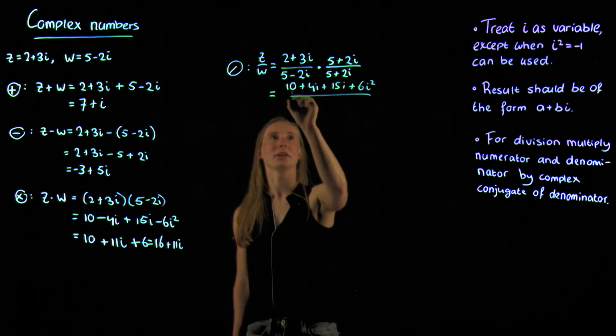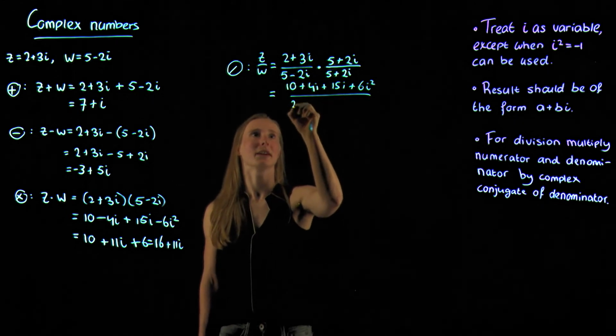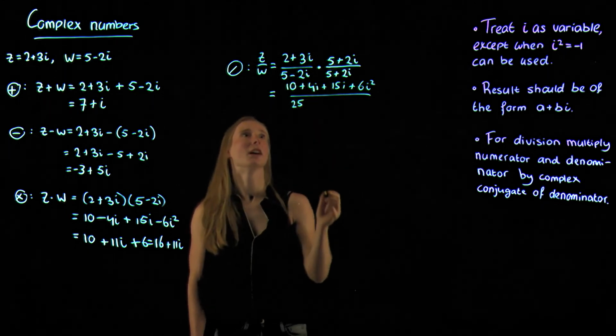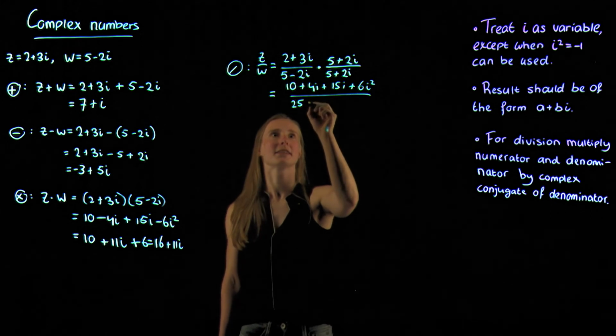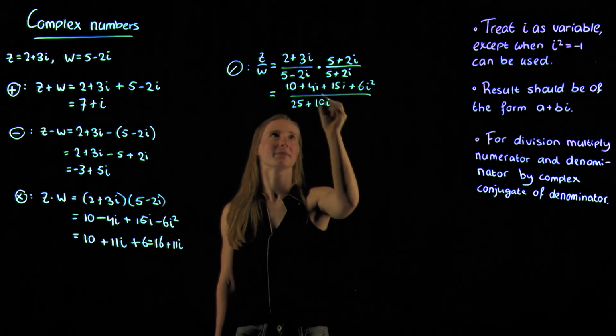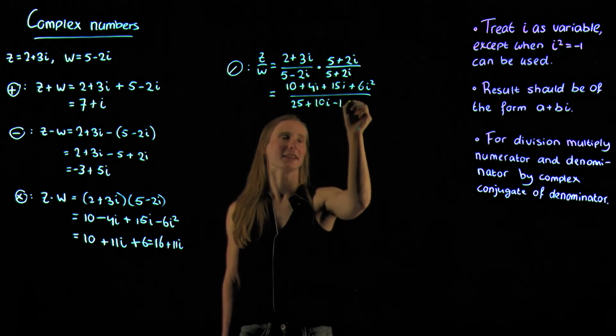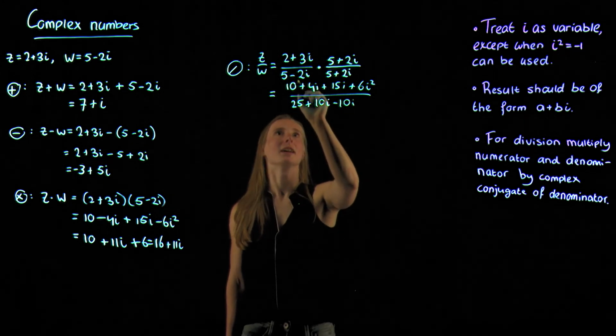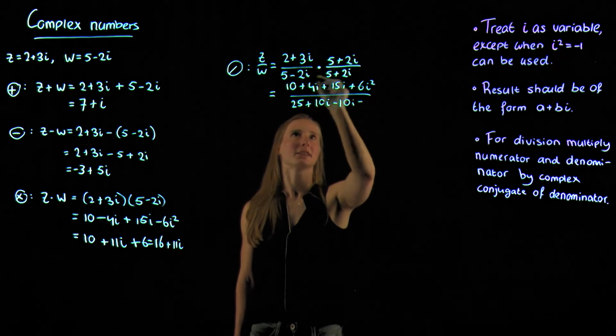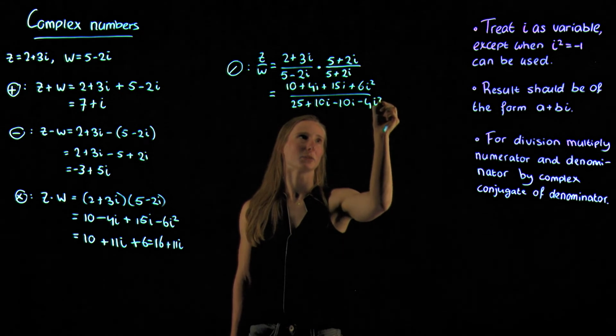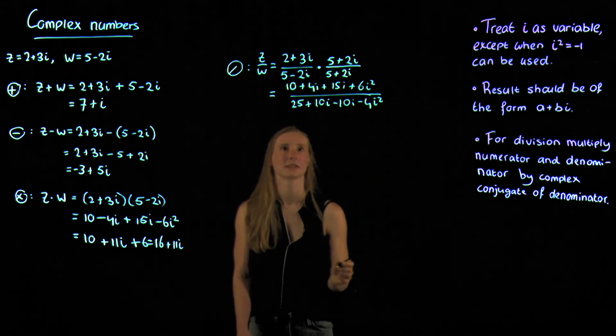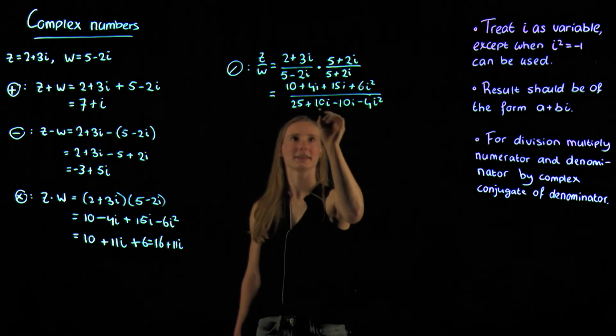And at the bottom, we get 5 times 5 is 25, plus 10i, and then minus 10i, minus 4i squared. So this is nice because this is going to go away.